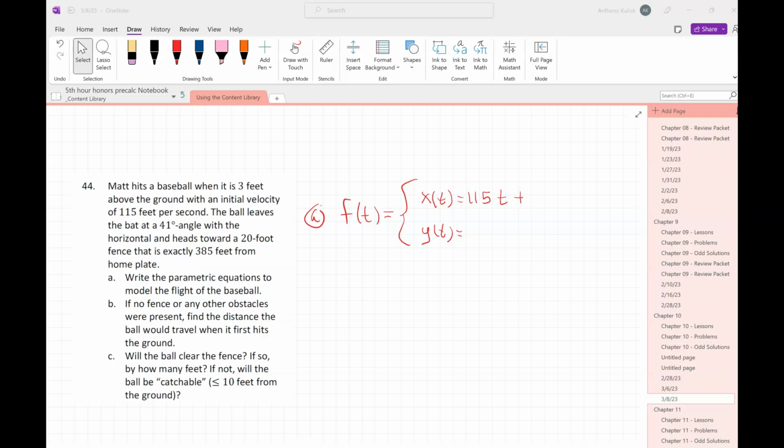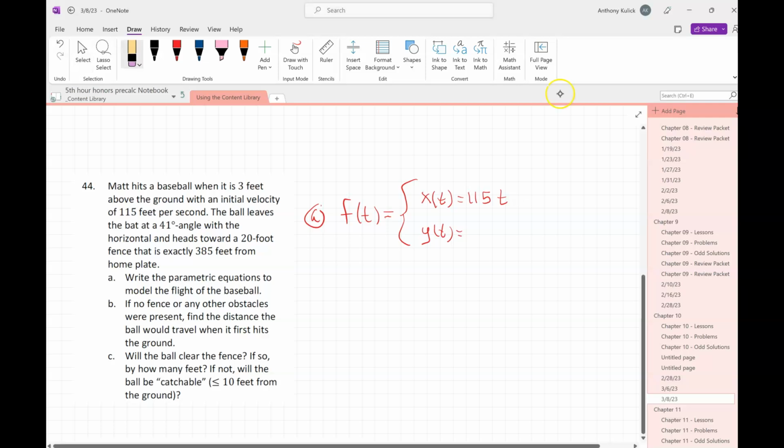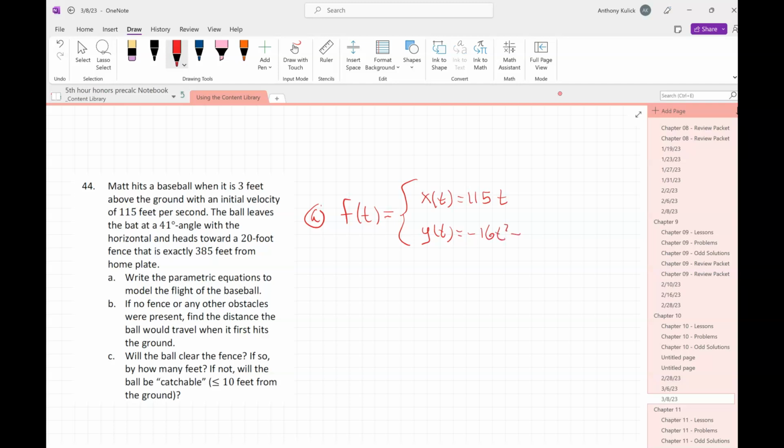It's one of those things where you don't want to screw this part up, because if you do, you're in a lot of trouble. No, that's it. And then plus nothing. And then the y is negative 16t squared plus the initial velocity times t plus that initial height.